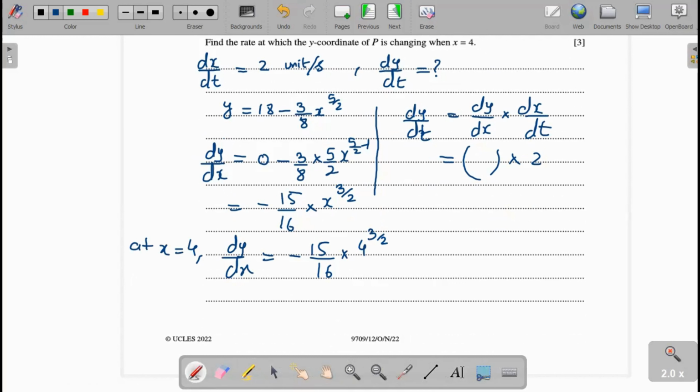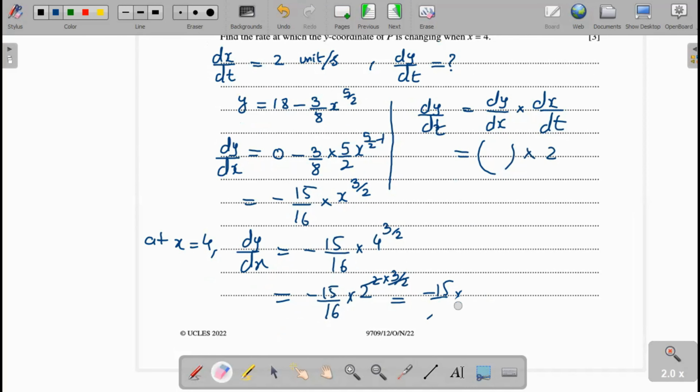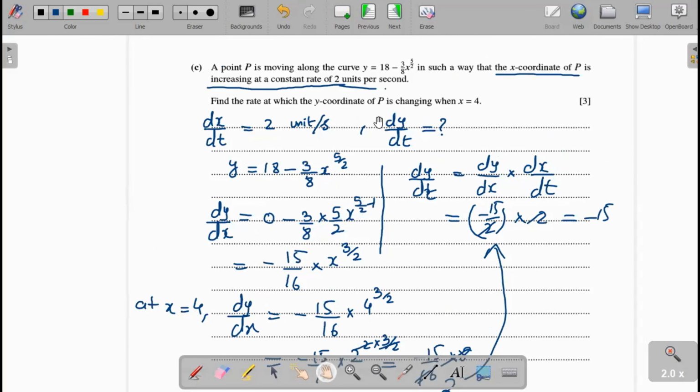Now we can write it as minus 15 over 16 multiplied by 2 power 2 into 3 over 2, that 2 will be cancelled, and therefore that value is equal to minus 15 over 16 times 2 power 3, which is 8 over 16. Now we consider that value is minus 15 over 2. Now we substitute this value, minus 15 over 2, times dx over dt which is 2. The 2 will be cancelled. That's equal to minus 15, which is the rate of change of y. Okay, this is the answer.